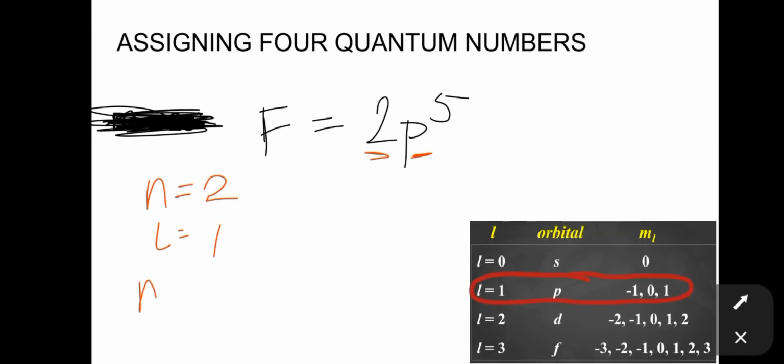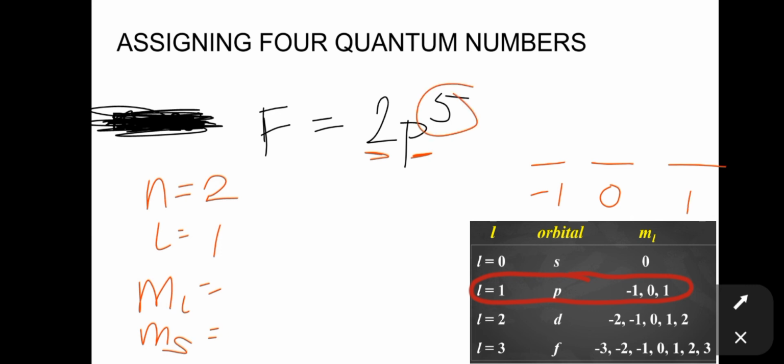So, yung ML, dahil ang L niya ay 1, we have 3 possible values. Negative 1, 0, and 1.